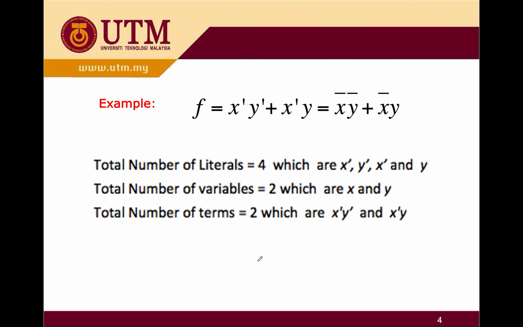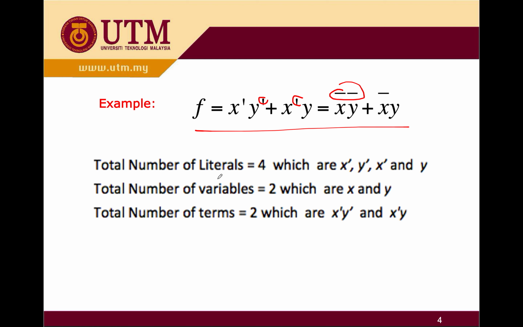So this is the example. If you have the equation like this, f equal to x prime y prime plus x prime y, equal to x bar y bar plus x bar y. Because of this one, we already know it's also represented as a bar.